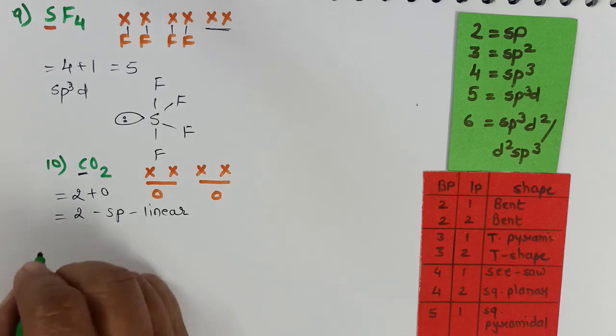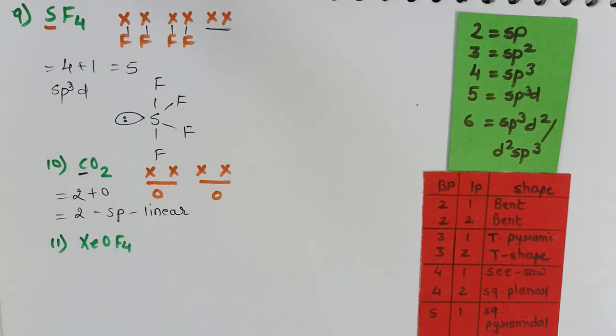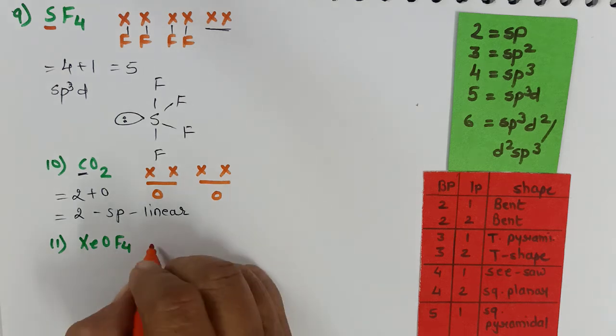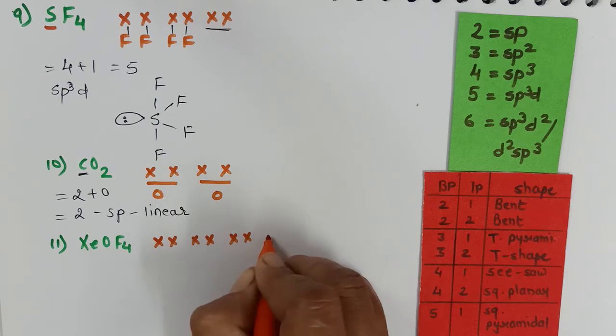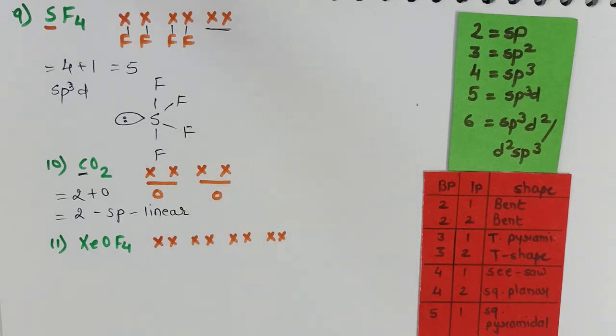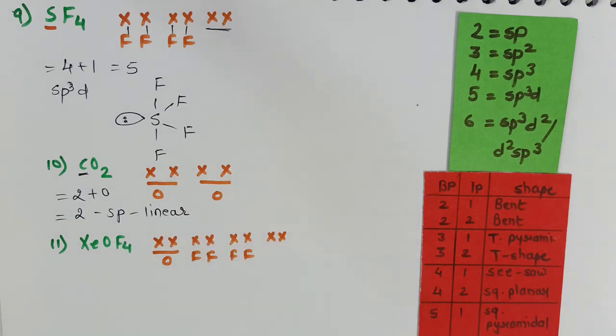The next example is XeOF4. Again we'll begin with the number of valence electrons. So out of 8 electrons present in the valence shell of xenon, 2 will be used by oxygen as it forms a double bond and 4 will be used by 4 different fluorine atoms.